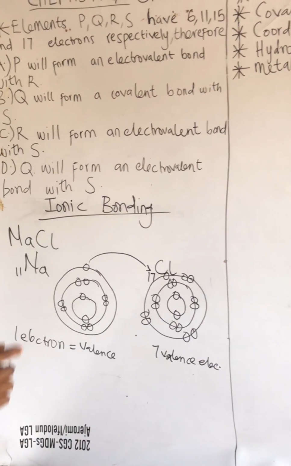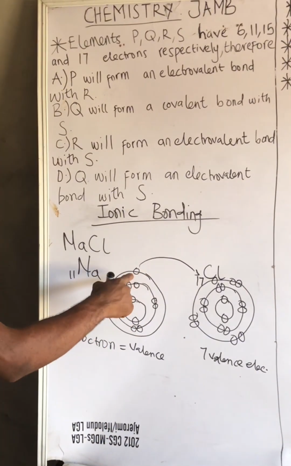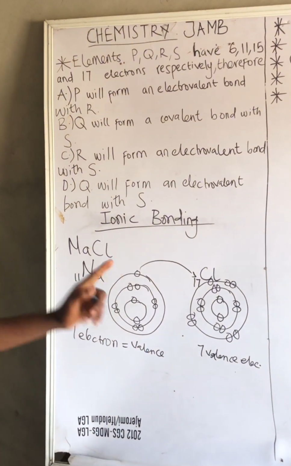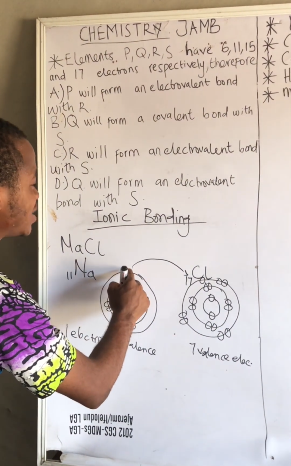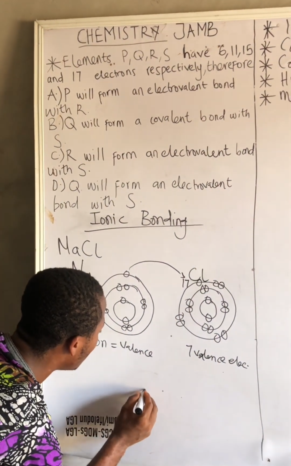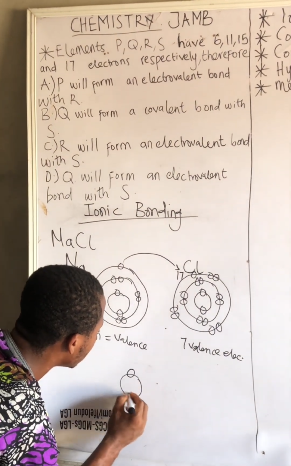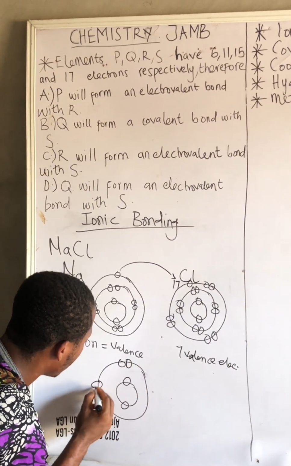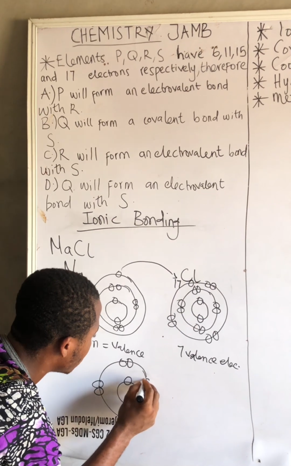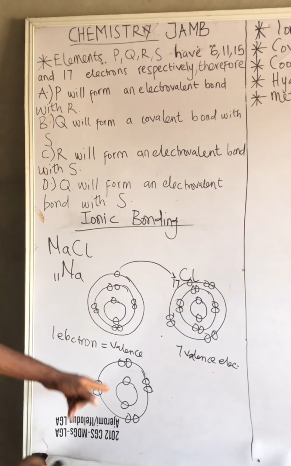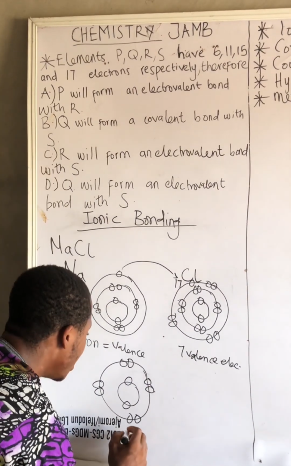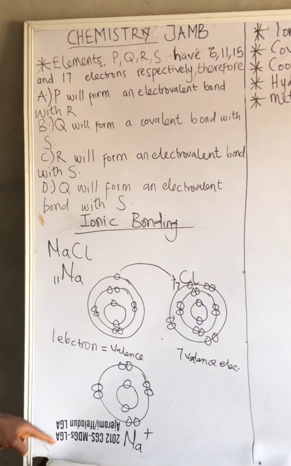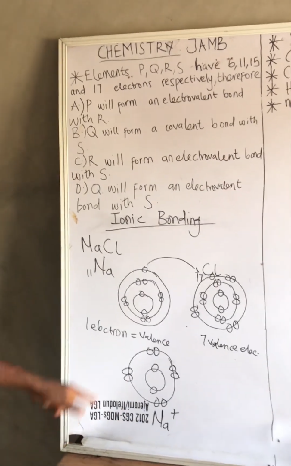So now sodium will completely transfer this one electron to chlorine. Sodium will now become like this: it has 10 electrons, making it Na plus, which means it has lost one electron.